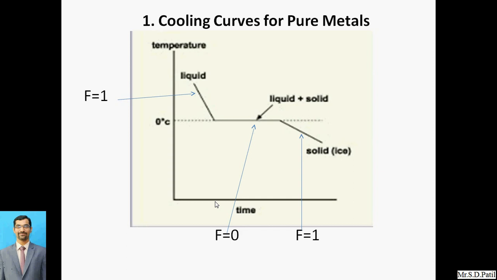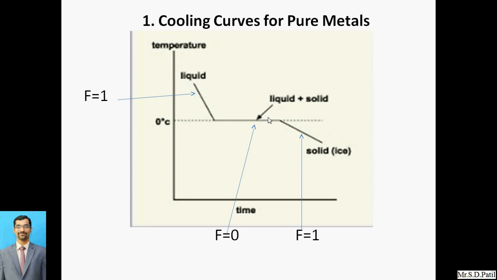Suppose for any material, this is the 0 degree Celsius temperature that we have set for the pure metal. Exactly it will not be 0 degrees every time, but suppose we consider water.